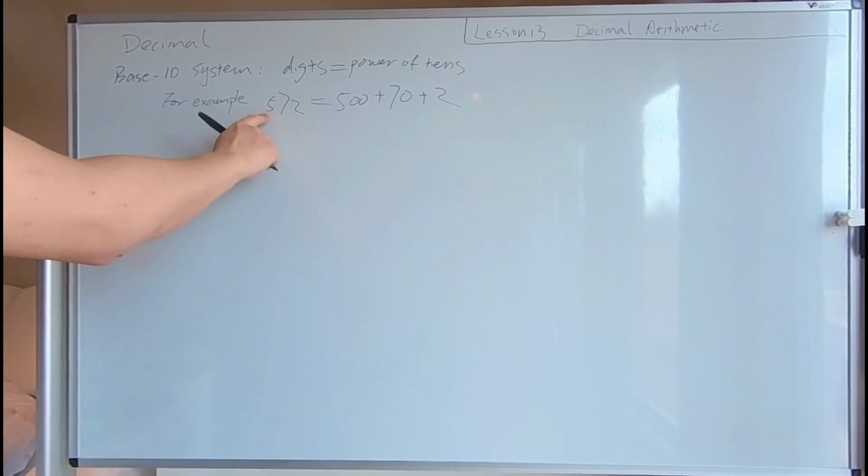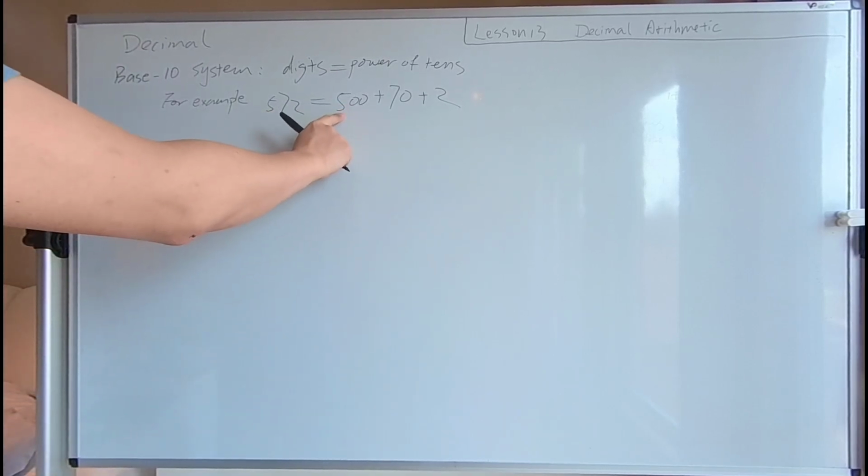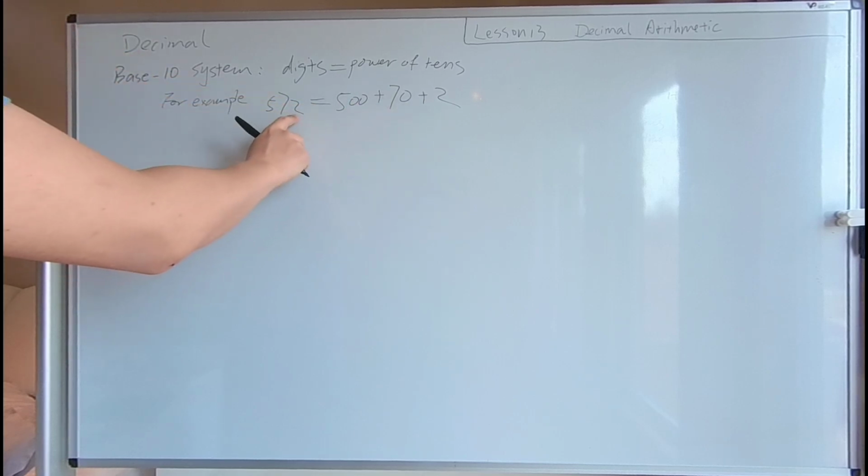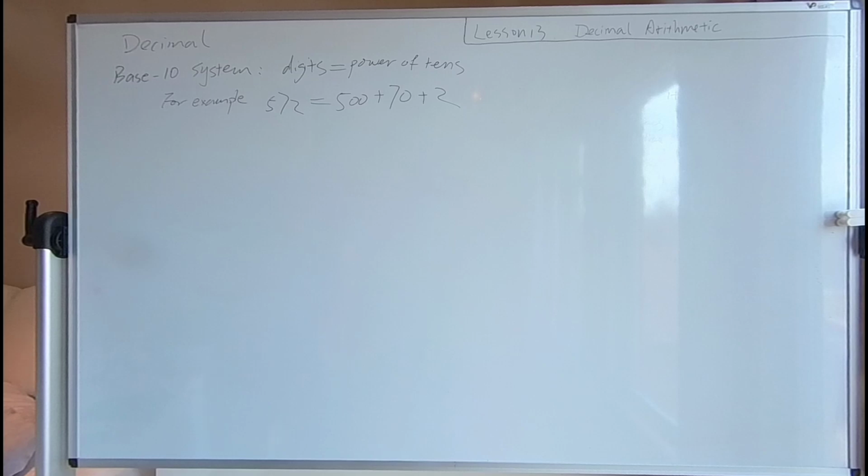So then I'm able to write the third digit as 5, the second digit, the 10s digit, as 7, and then the 1st digit as 2. This is all because of the base 10 system we have.